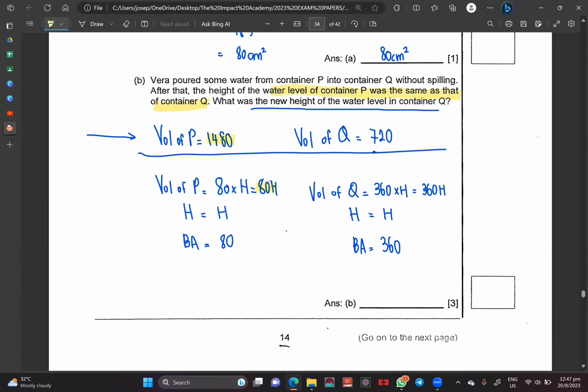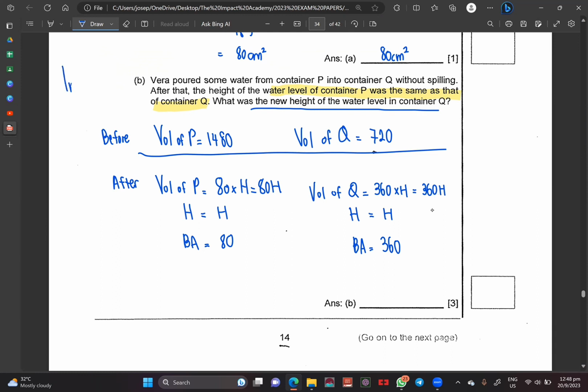And this is also the volume of P. So the volume of P before and the volume of P after is definitely not the same, because I've taken out something from here and put it into Q. The volume of Q before is also not the same as the volume of Q after, but there's one thing that is the same.